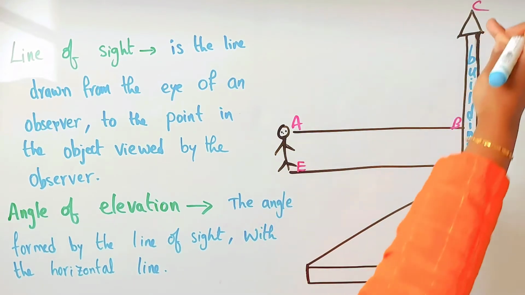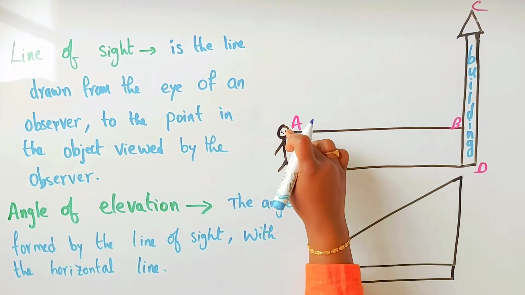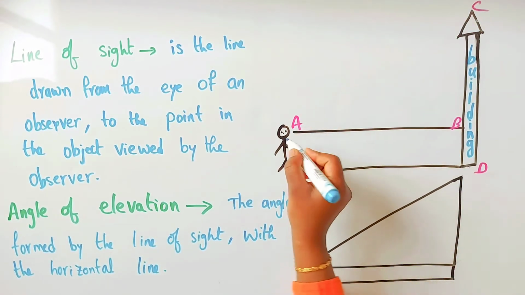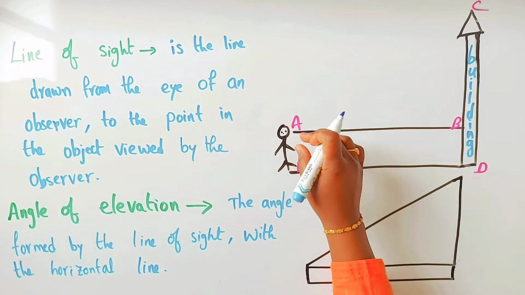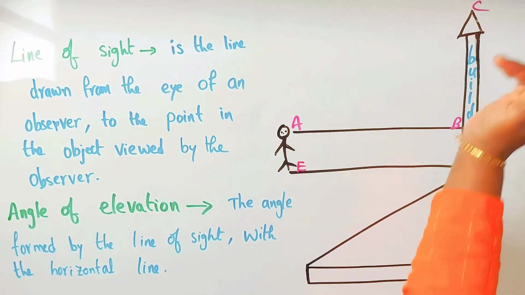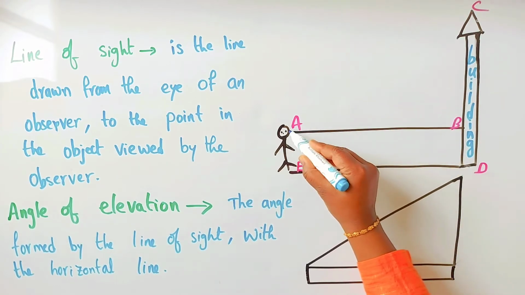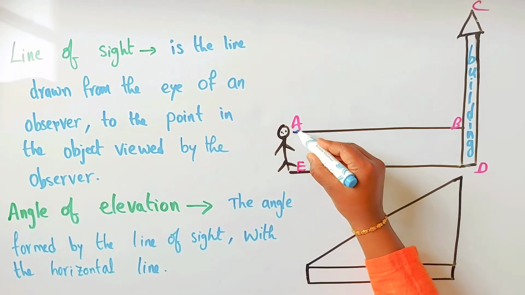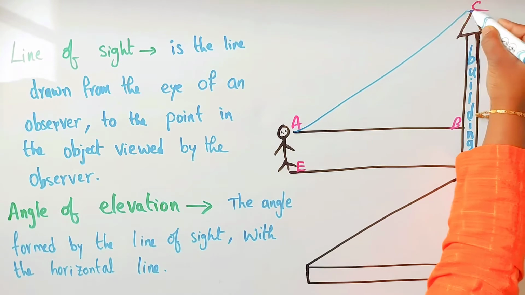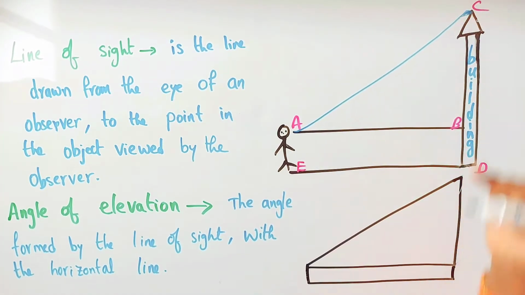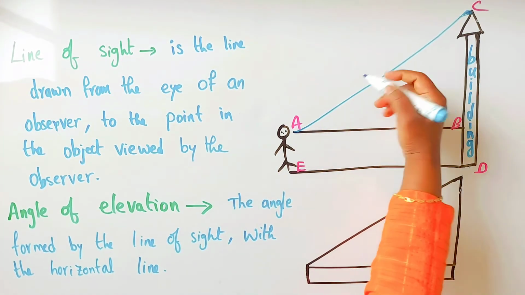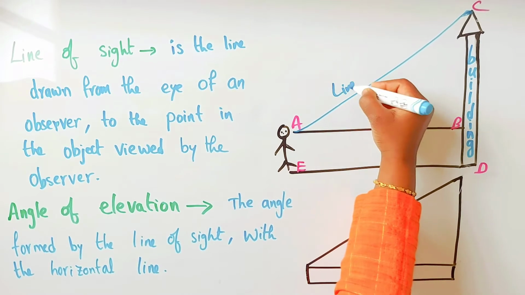From here to here, right? Not from here, correct? From here to here, this is our eyes' place. You will raise your head and you will watch from here to here. So the line drawn from the eye of an observer to the point of the object where we are observing, right children? That line is called line of sight.